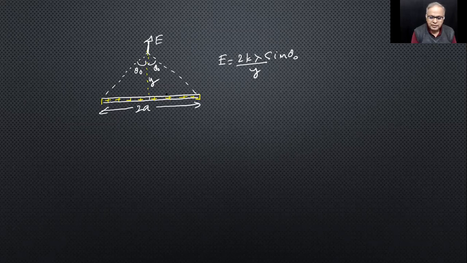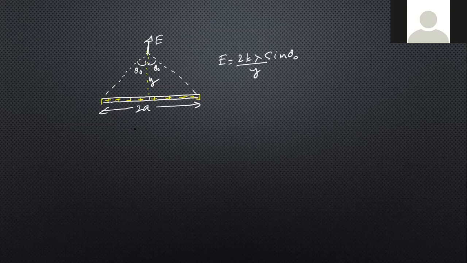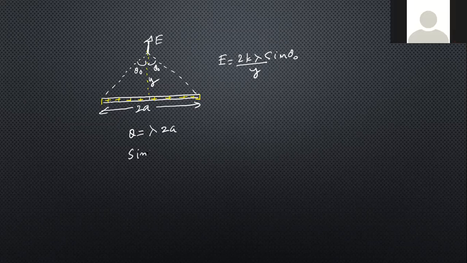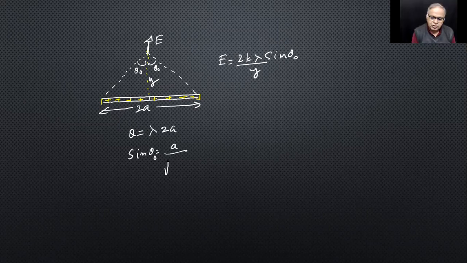It will divide into a and a. In terms of total charge also I can write, in fact. So, total charge will be lambda into 2a, charge density into total length of it. Sin theta naught equals a by root of a square plus y square.